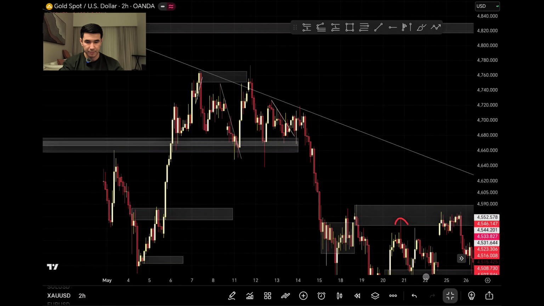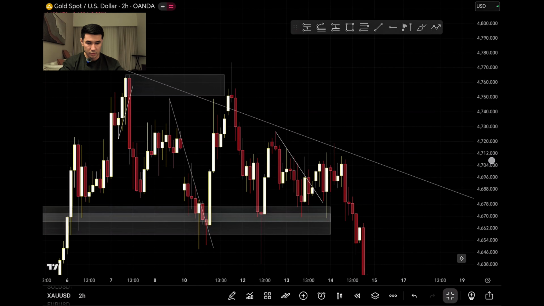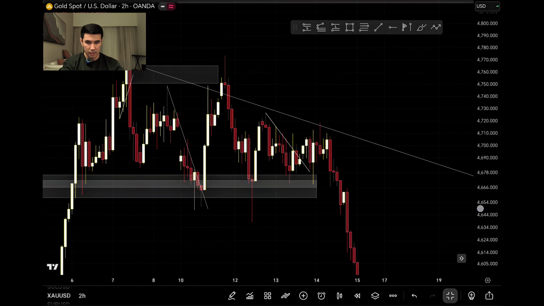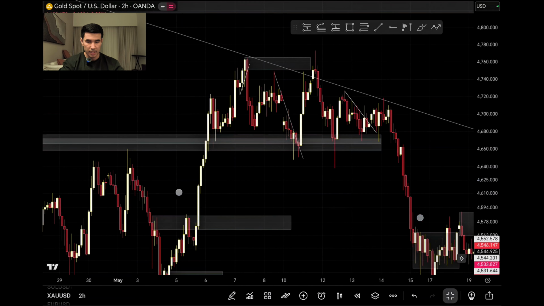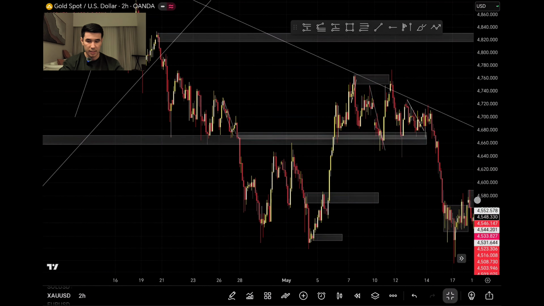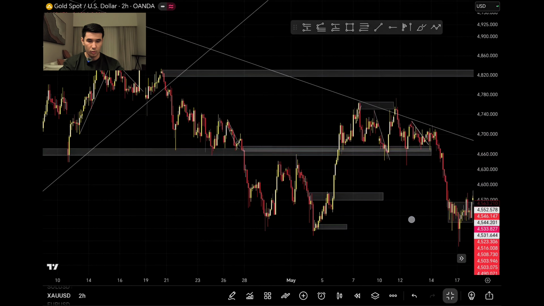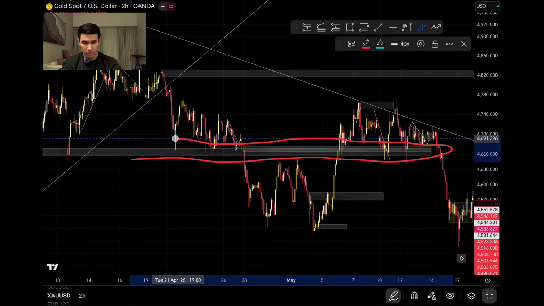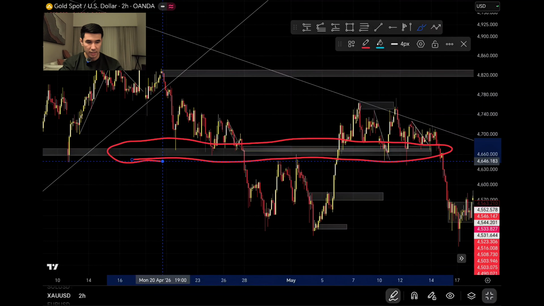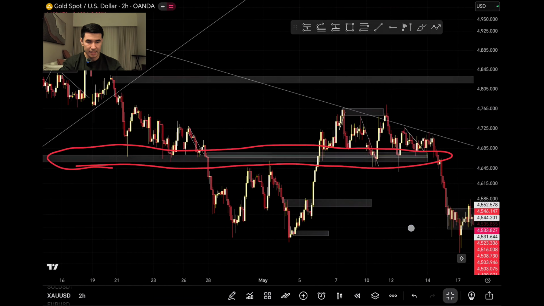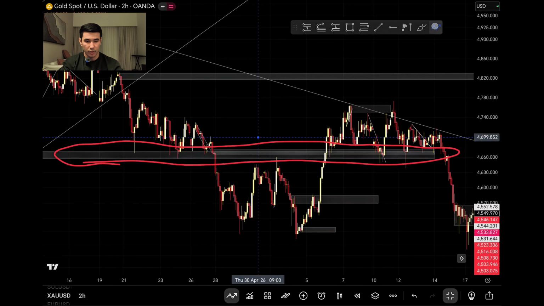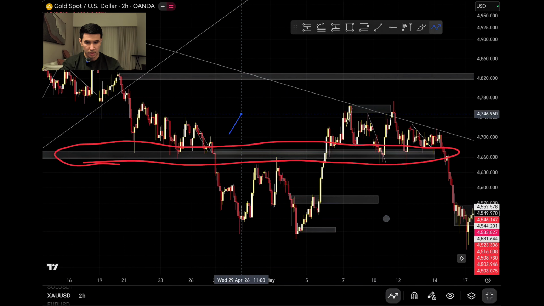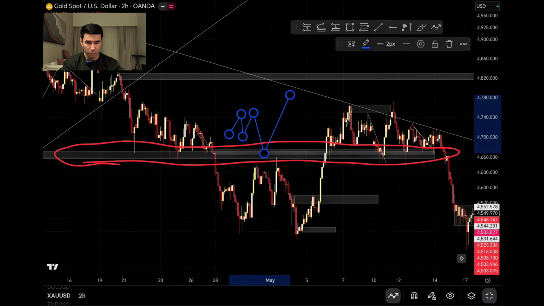Okay, how about here? Here, as I mentioned earlier, this line is a support zone. Whenever the market is above this support zone and it returns back, it will kick it on the top.